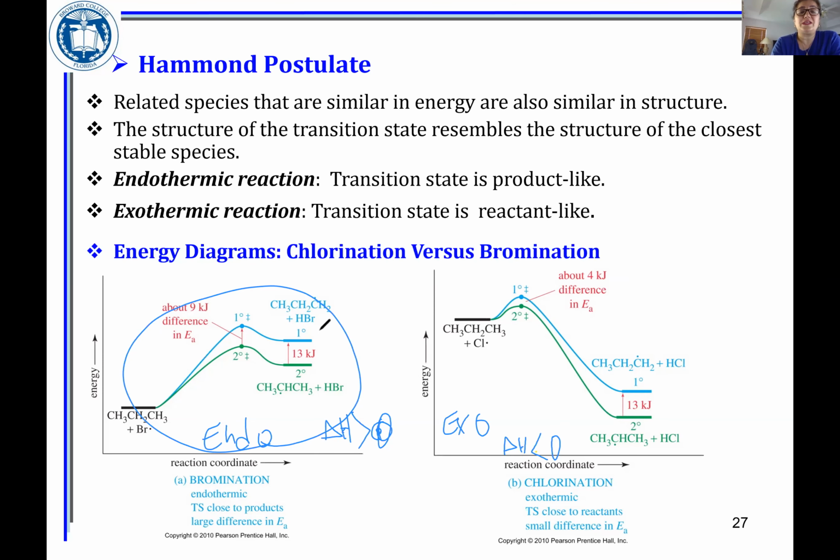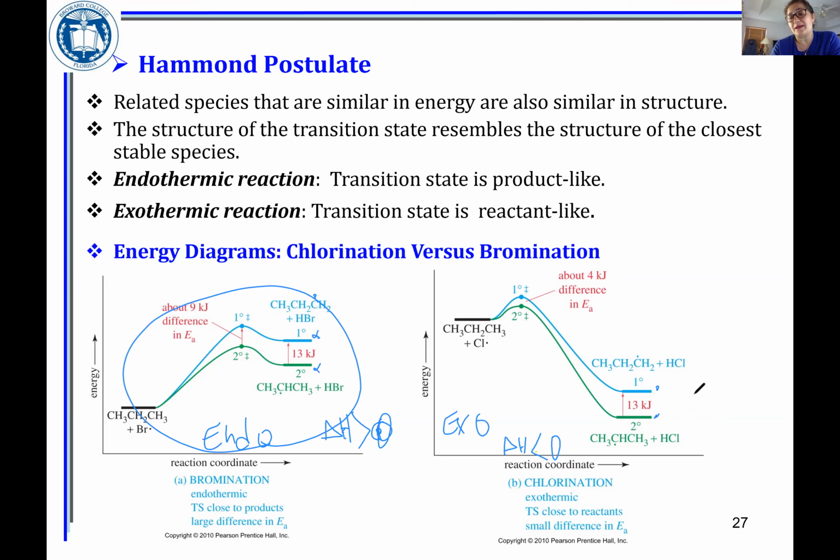Both of them would give you two products, a primary free radical and a secondary free radical. Regardless of whether it's coming from bromination or chlorination, the primary and secondary are different. The difference in stability is about 13 kilojoules.